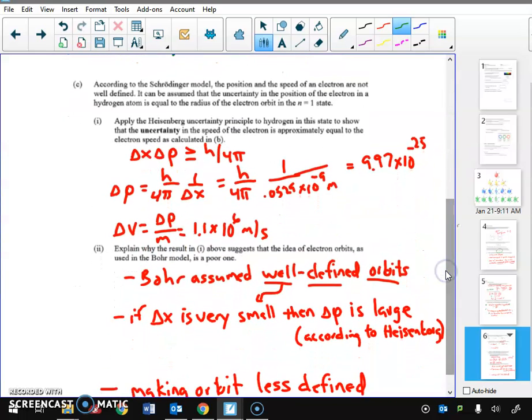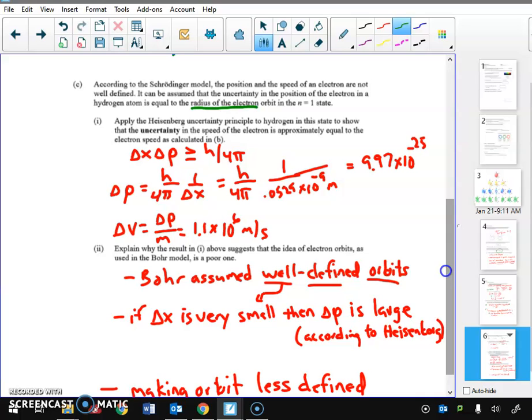Now, and I really like part C, we can apply the Heisenberg uncertainty principle to an electron in orbit, where they're telling us, and I hope this makes sense, that the uncertainty in the speed of the electron is approximately equal to the electron speed, and the uncertainty in the position is essentially equal to the radius of the orbit.